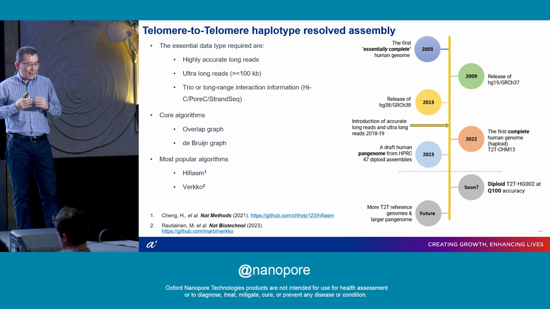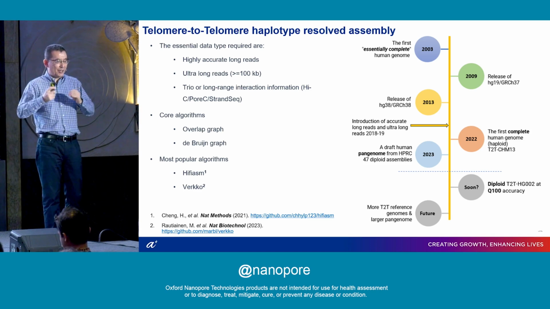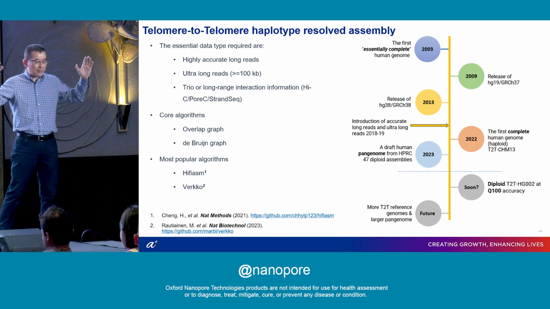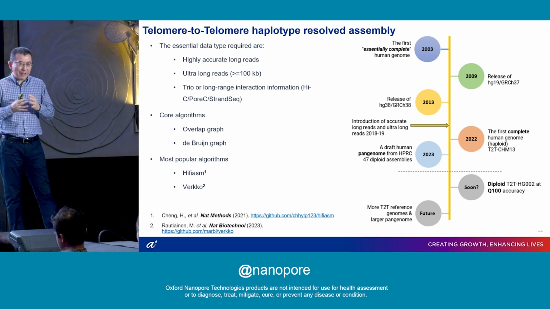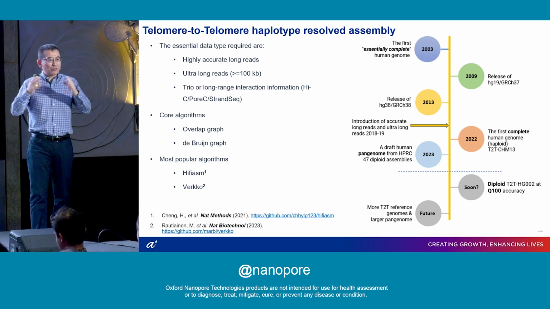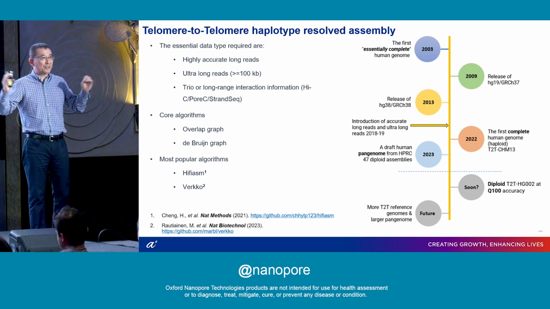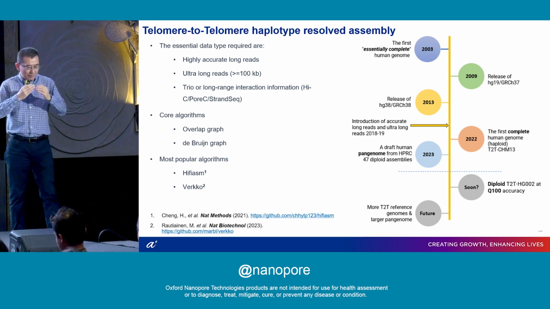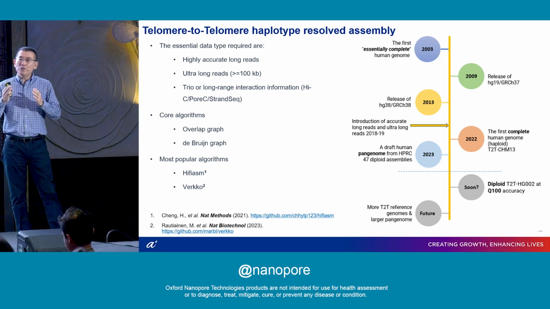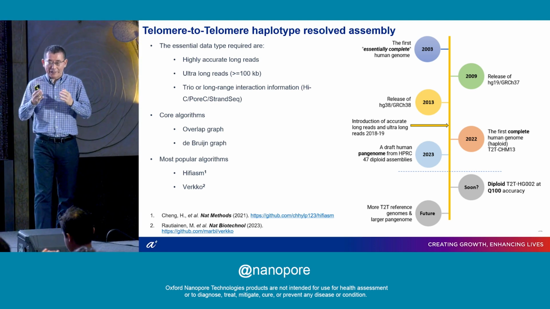You probably also need ultra long reads to resolve some of the contigs and connect them into bigger contigs. Sometimes they use chromatin information to do long range phasing, and if you have parental information, you will use that too.